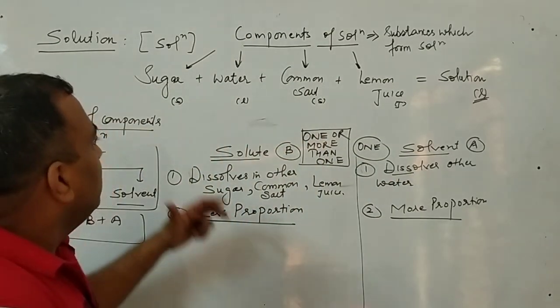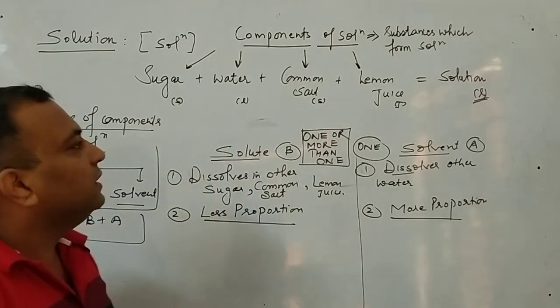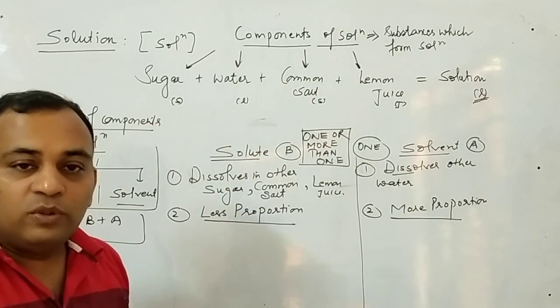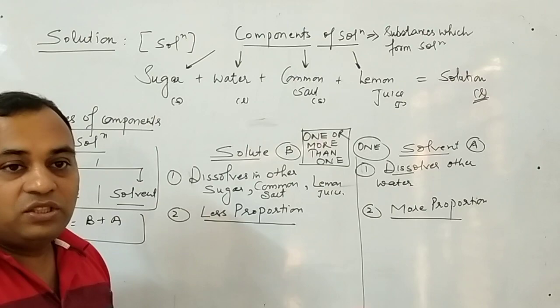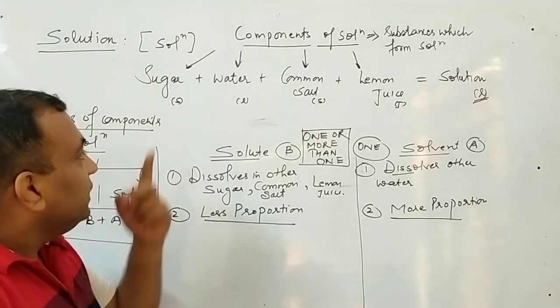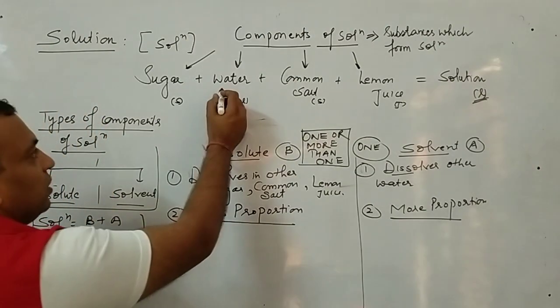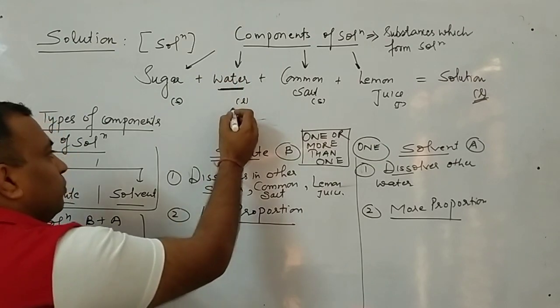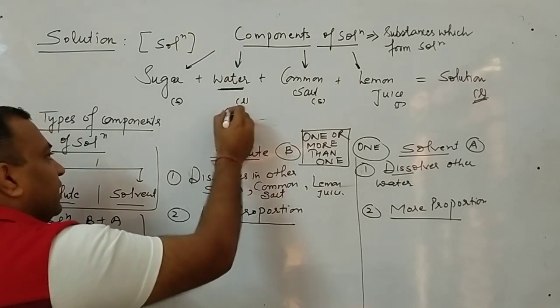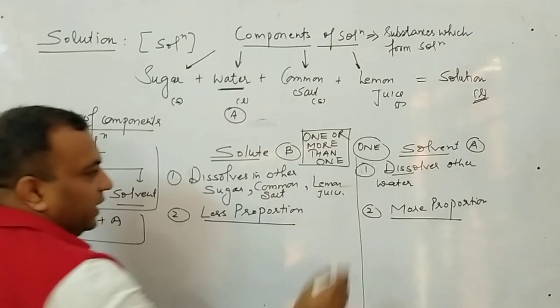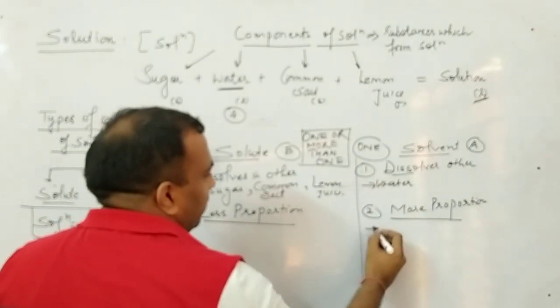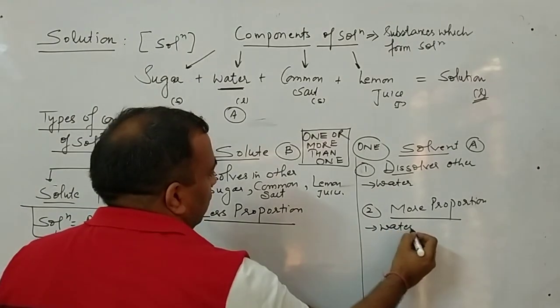So just see, बेटा, अगर हम इसी solution का discussion करते हैं, this is a very common solution जो हम गर्मियों में during the summer season बनाते हैं. So I think इसमें जो maximum proportion है वो किसका होगा, water का. So due to maximum proportion water will act as solvent. So again by the definition the solvent comes out to be water.